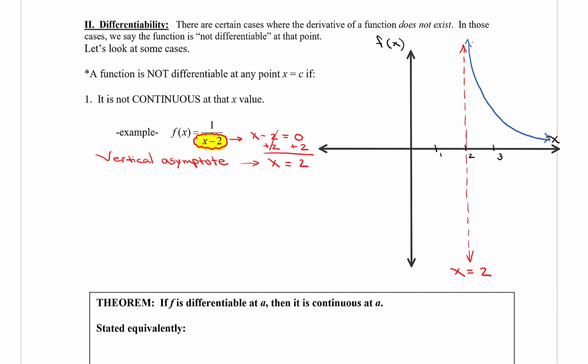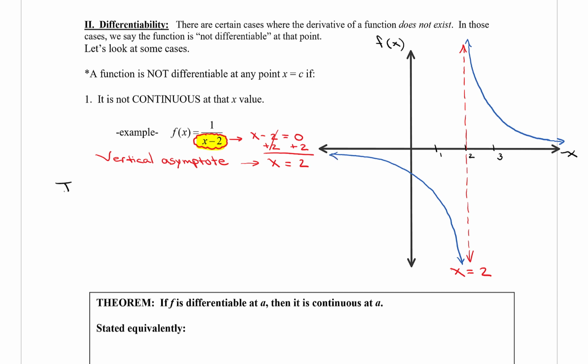So I have gone ahead and drawn a curve on the right-hand side of my dashed line above the x-axis that is decreasing, and it is concave up. And I have drawn a curve on the left-hand side of the dashed line that is below the x-axis. It is decreasing and it is concave down.